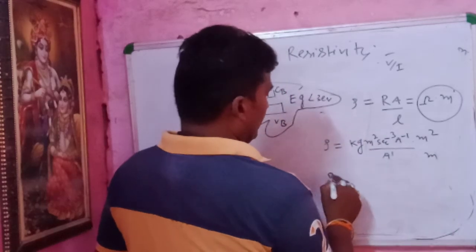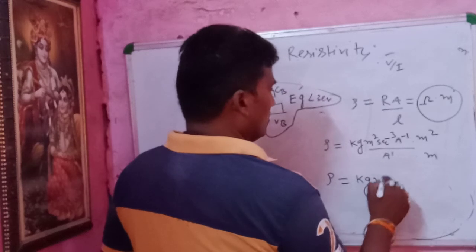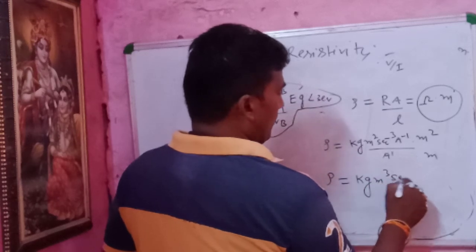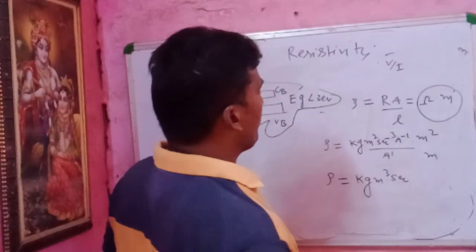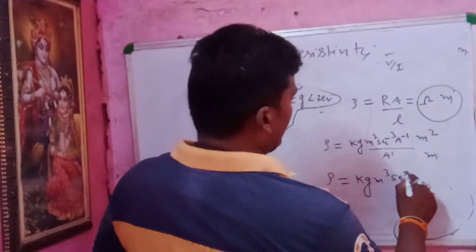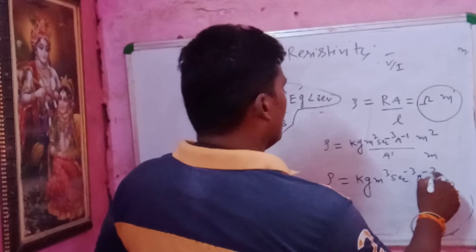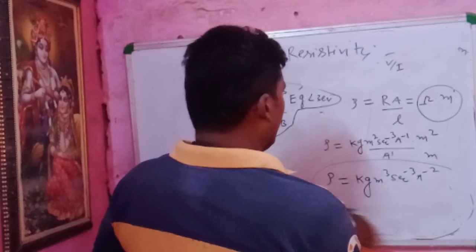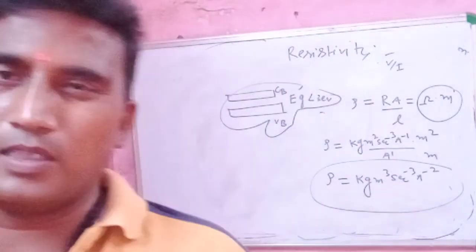Then the derived unit is kilogram meter cube second power minus 3 ampere power minus 2. It is the derived unit of resistivity. That was the total topic of this chapter.